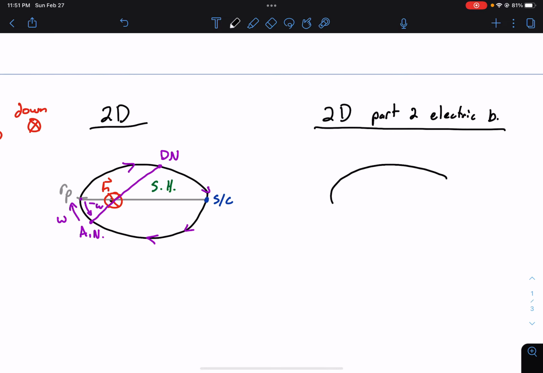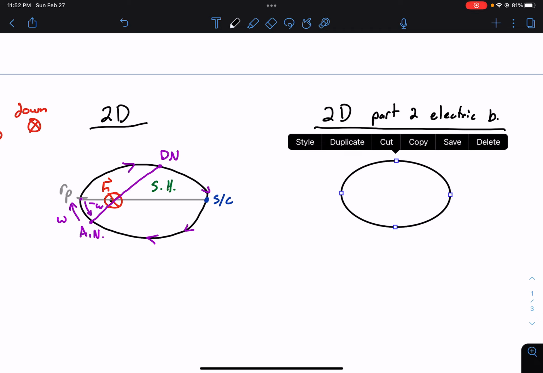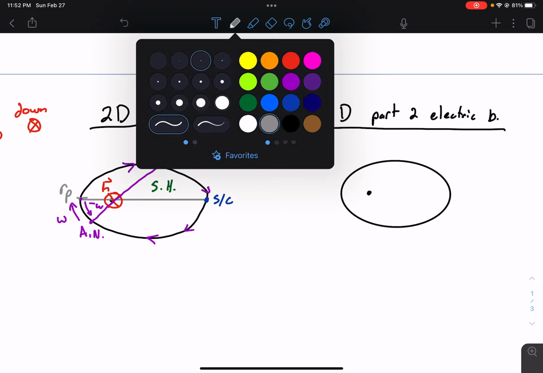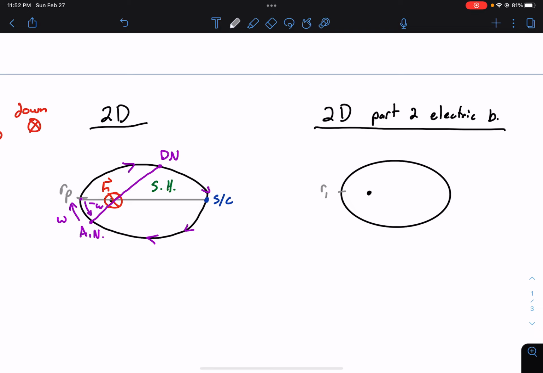So we have the same shape. I'm going to use the assistance of my iPad on this one. So we have the same shape, same center. Yep. Our periapsis is still defined as the same location. We can have a nice little line there.